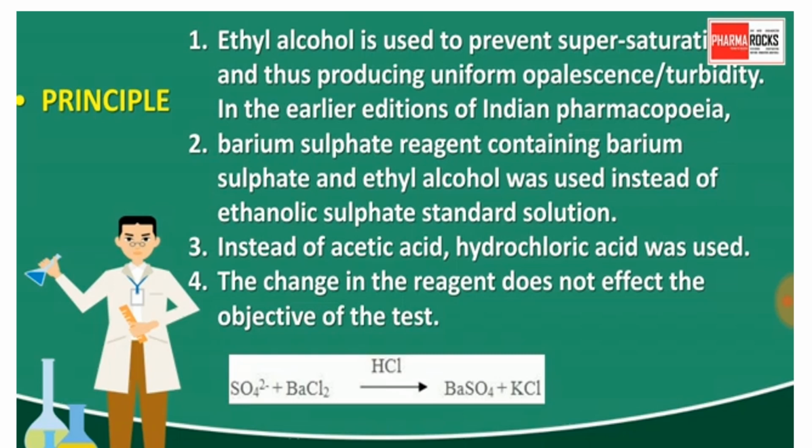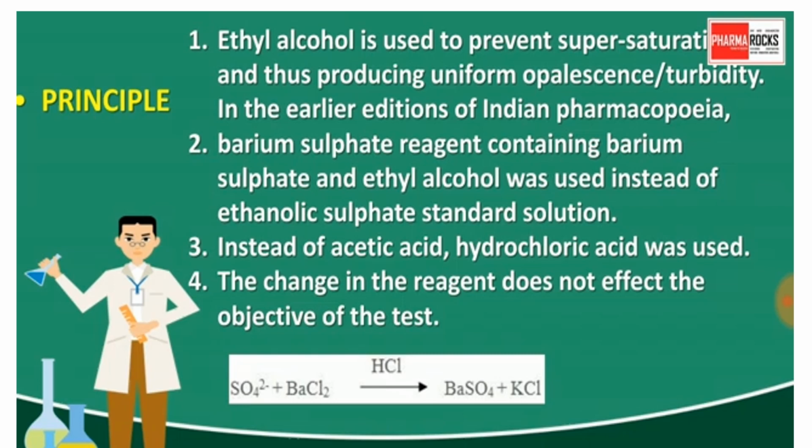In an earlier edition of the Indian Pharmacopoeia, this ethyl alcohol was added to avoid supersaturation. In the modern Indian Pharmacopoeia, this ethyl alcohol may not be added. Barium sulfate reagent containing barium sulfate and ethyl alcohol was used instead of ethanolic sulfate standard solution. Then instead of acetic acid, hydrochloric acid was used.